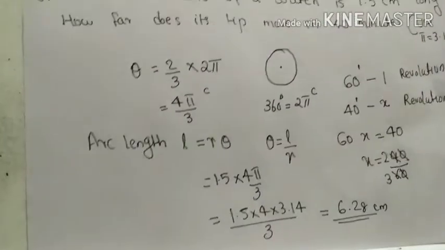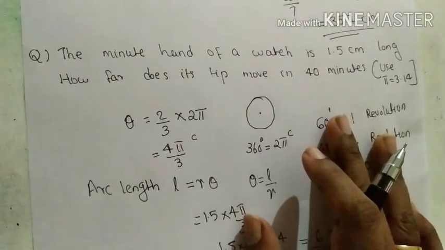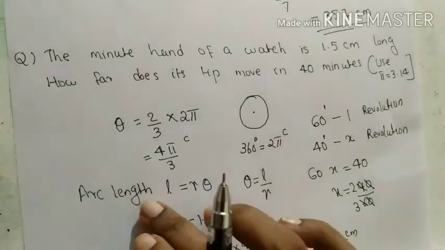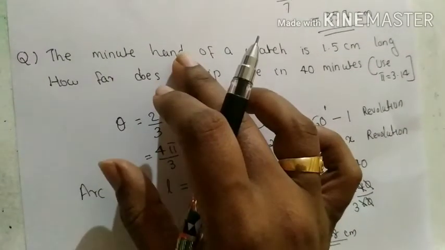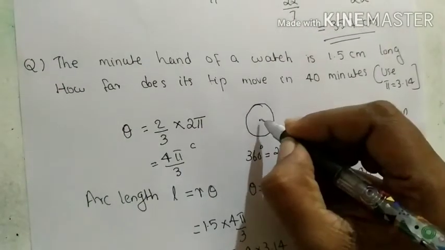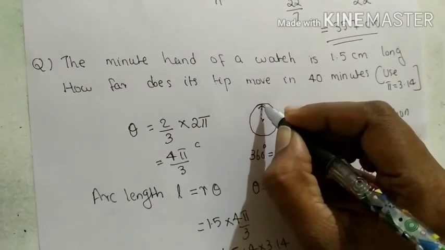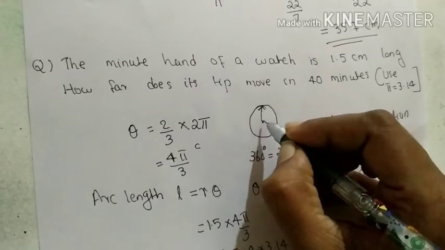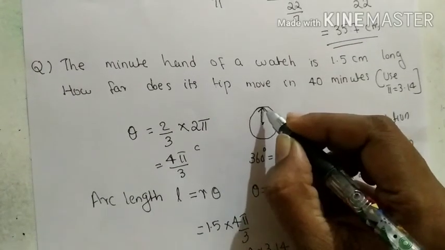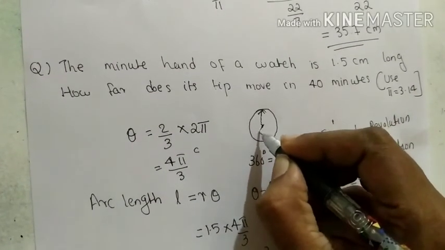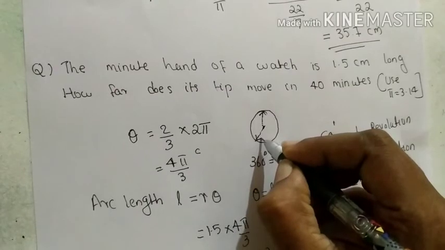Okay, so in this question we need to find out the distance traveled by the minute hand. So here the minute hand starts from here, and after moving 40 minutes, it reaches here.